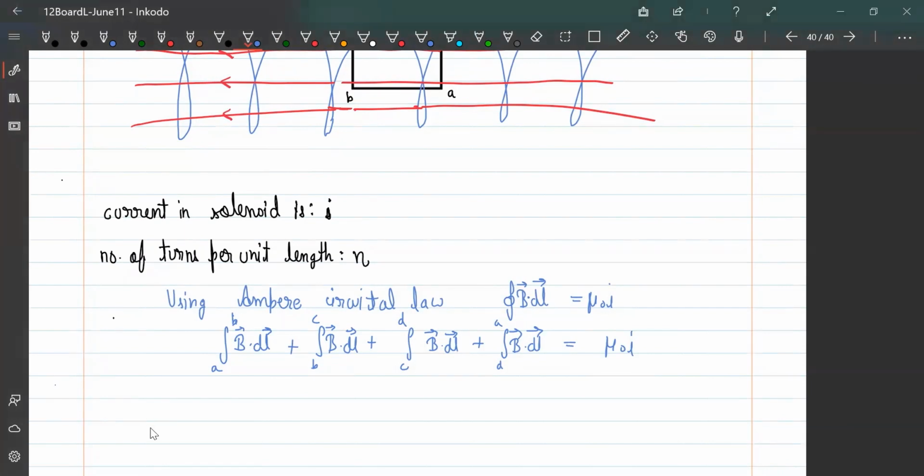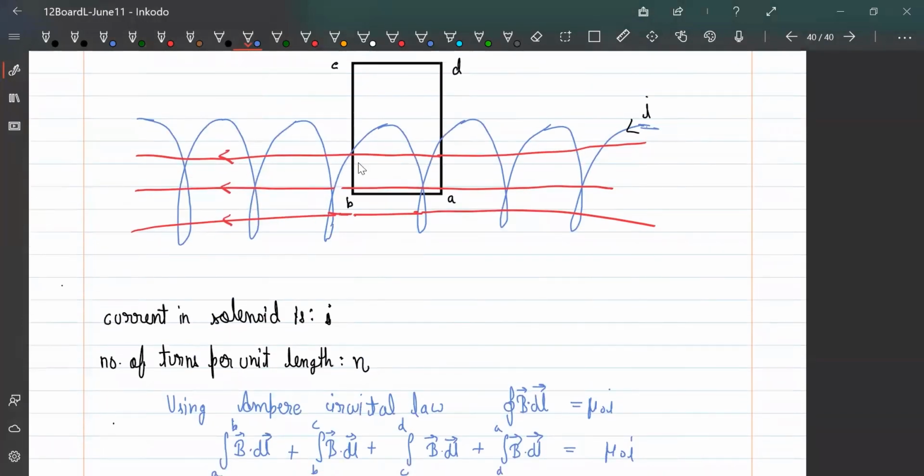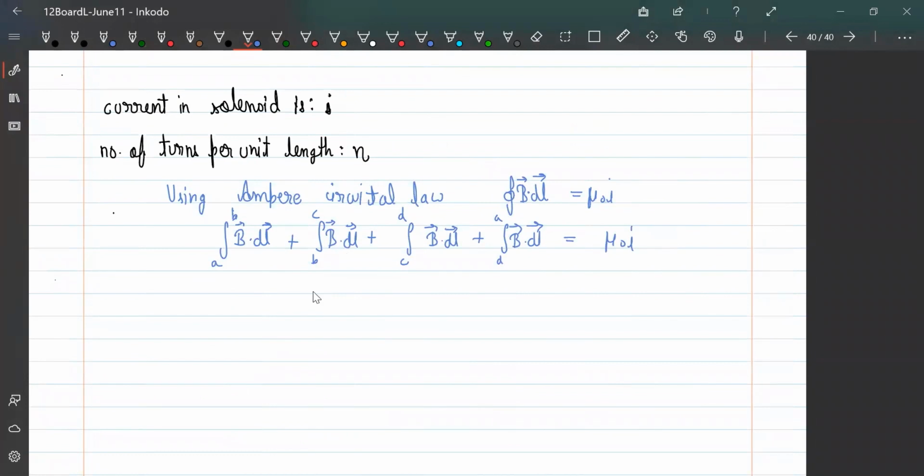Then you can write it individually. For B to C, the magnetic field is from left to right, and if we take a small length element dl, it is perpendicular. So for A to B there will be magnetic field, so that will be B dl cos 0.